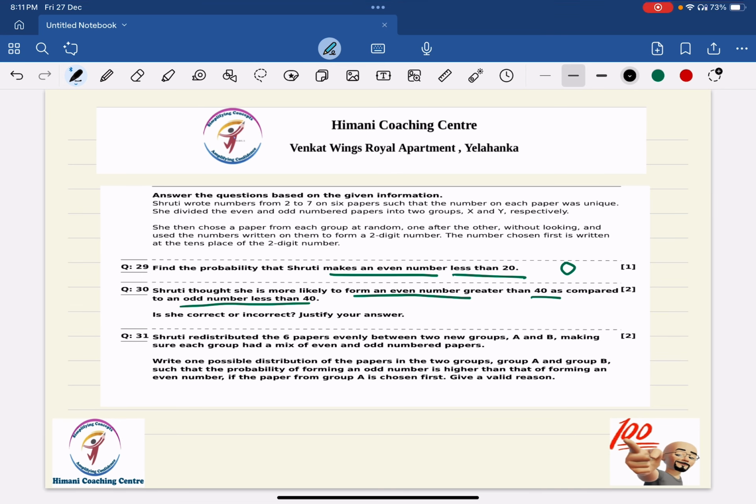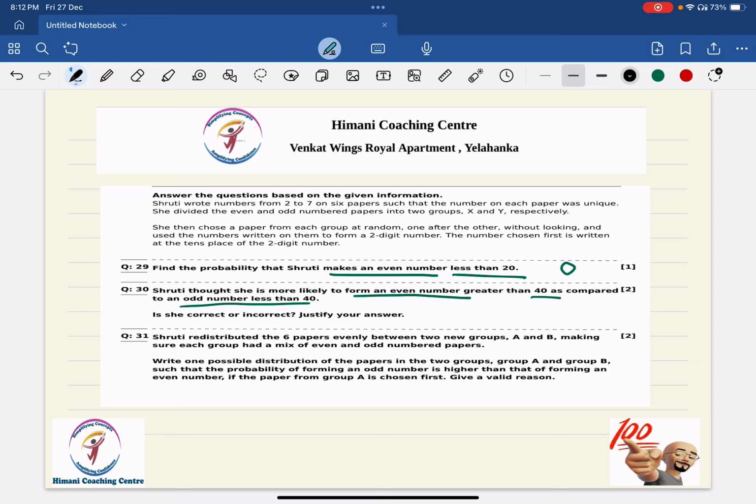Now the next part is Shruti redistributed the six papers evenly between two new groups A and B, making sure each group had a mix of even and odd number papers. Write one possible distribution of the papers in the two groups, Group A and Group B, such that the probability of forming an odd number is higher than that of forming an even number if the paper from Group A is chosen first, and give a valid reason.